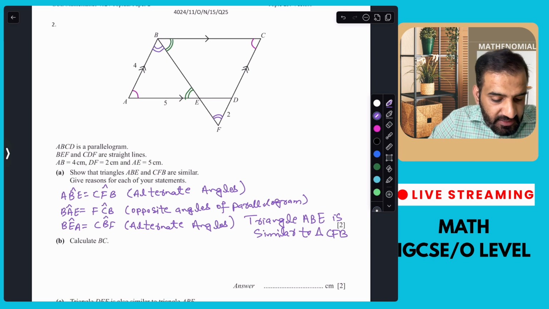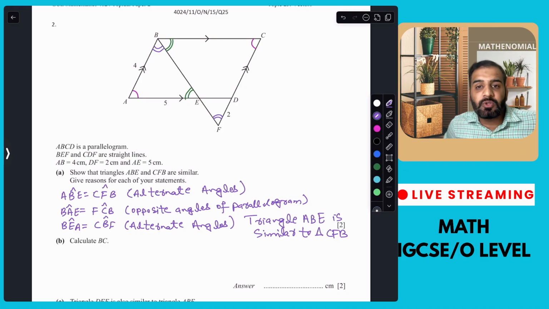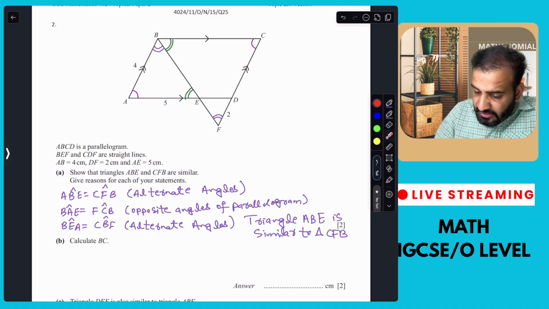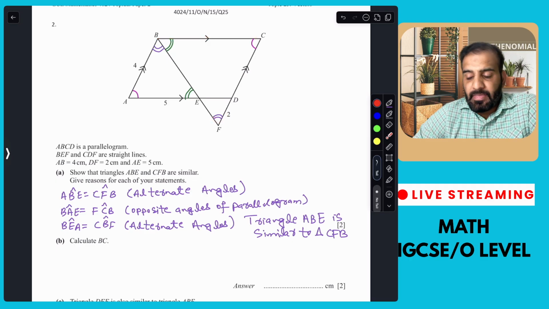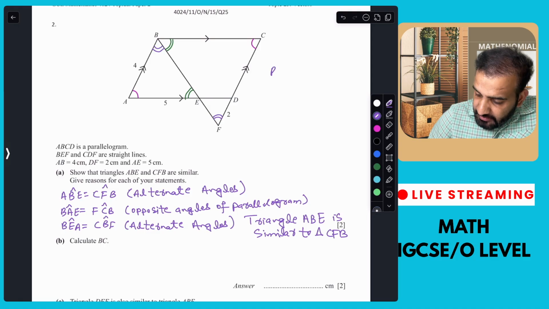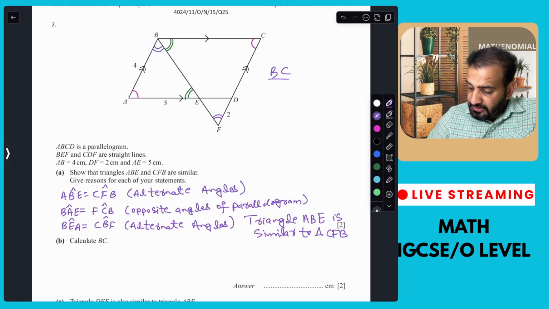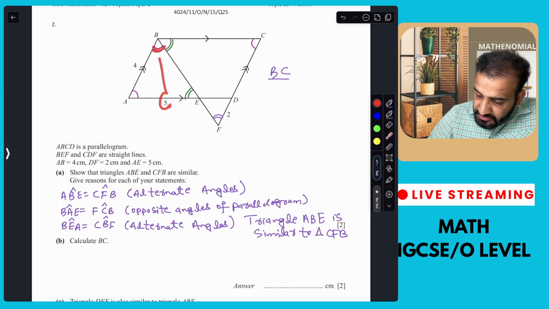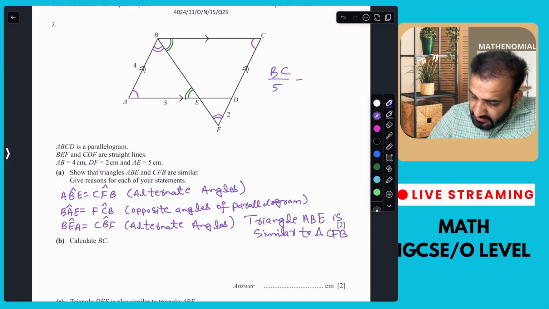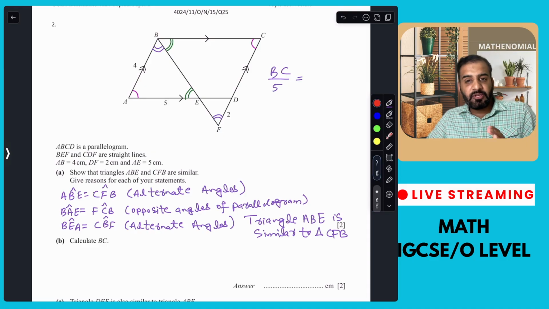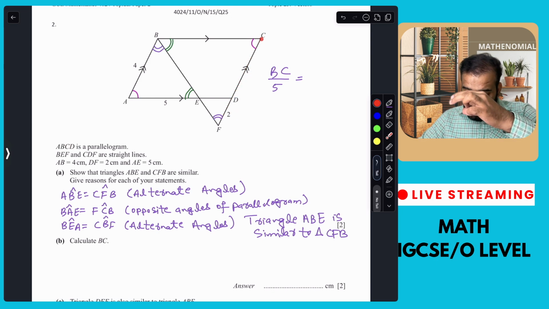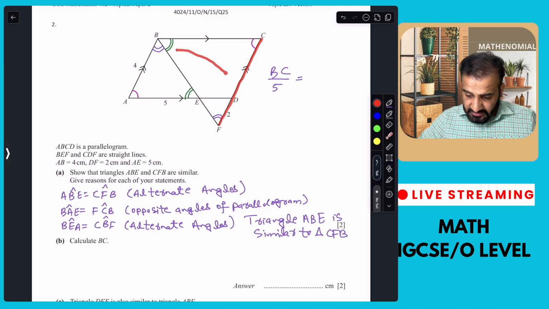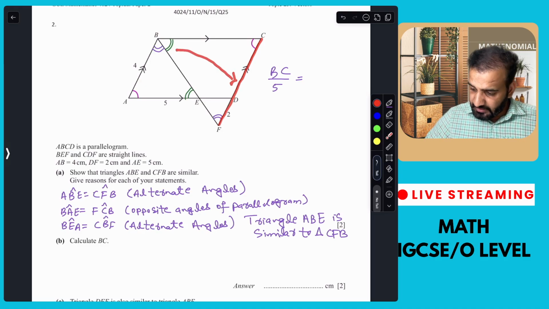How will you find this BC side? BC is opposite to this purple angle. So we make the ratio BC divided by, tell me, which side is opposite to the purple angle here? It is 5. So BC over 5 is equal to, tell me any other side of this bigger triangle. This is BC, which is 4. So this is 2. So what will be this side? This is opposite to the green side. So is it 6?